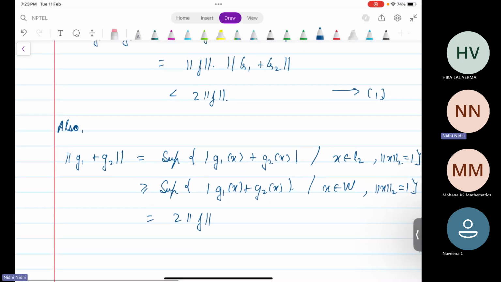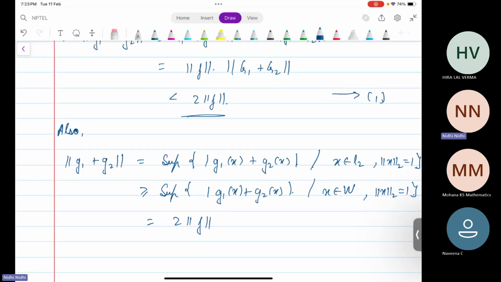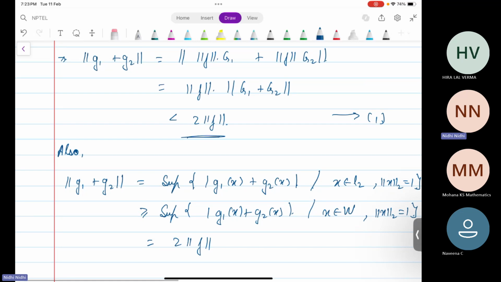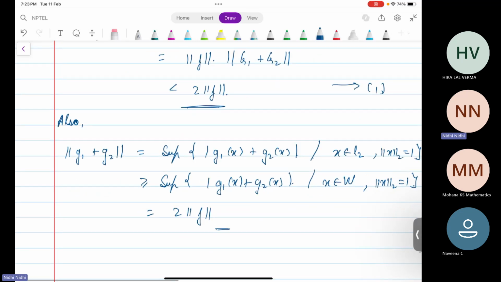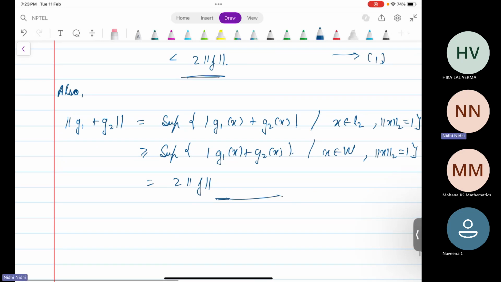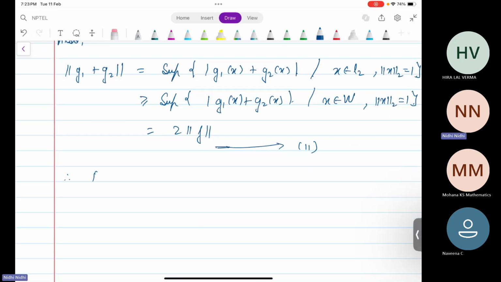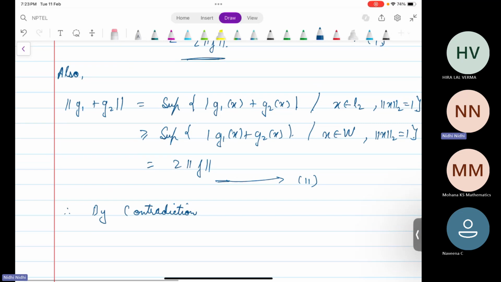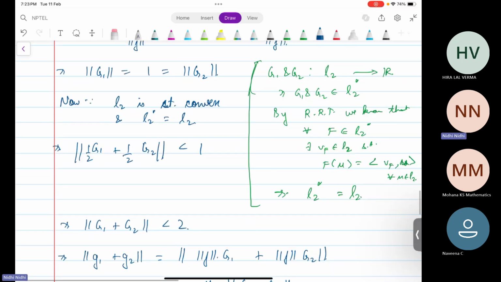Now this gives us a contradiction, because in equation first we have seen that norm g1 plus g2 is strictly less than 2 times norm f. But from equation 2, we get a contradiction. Therefore, by contradiction, we have, what do we have?